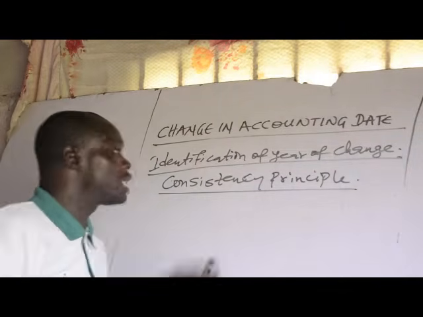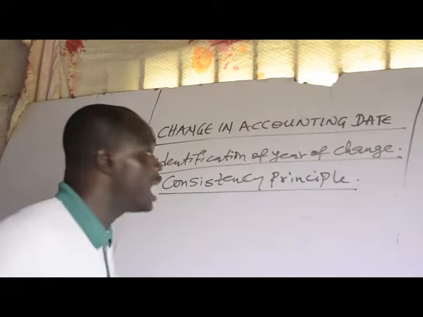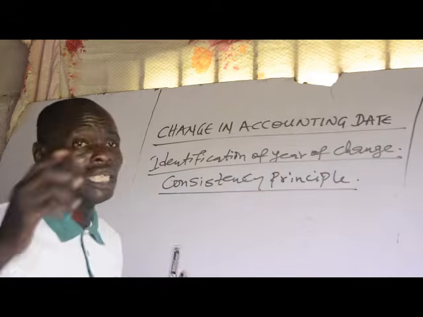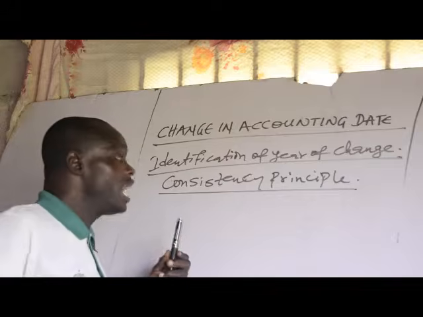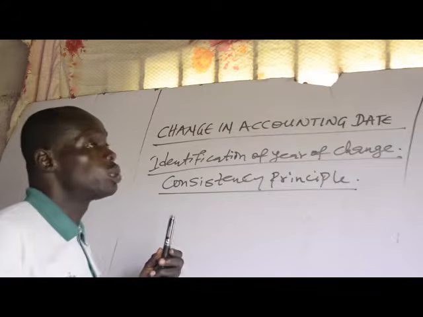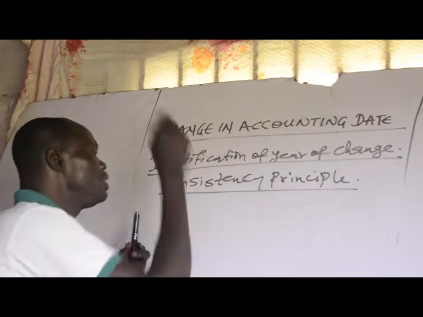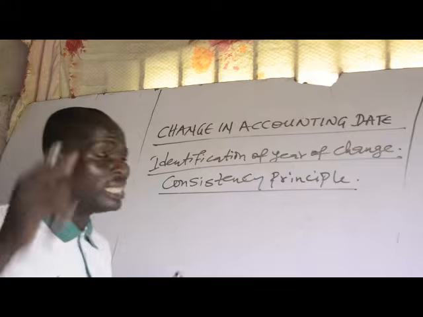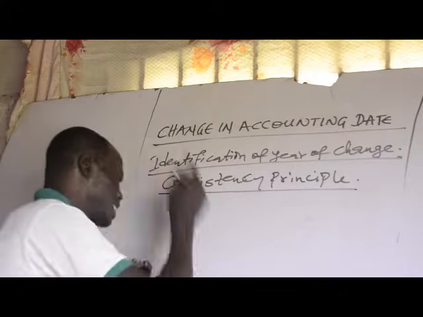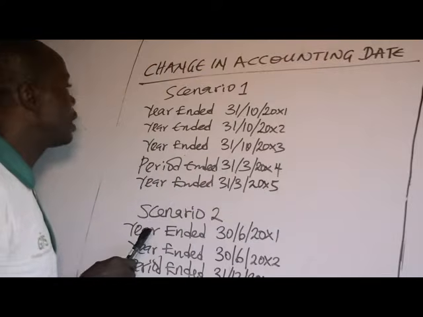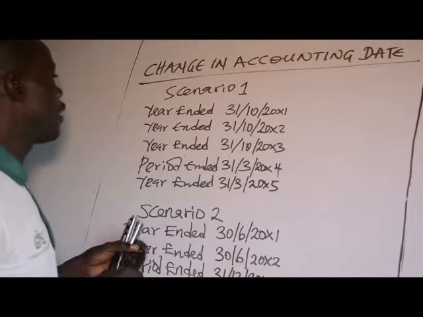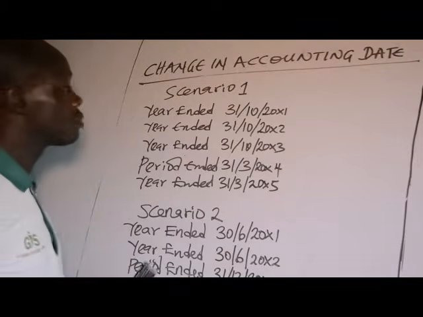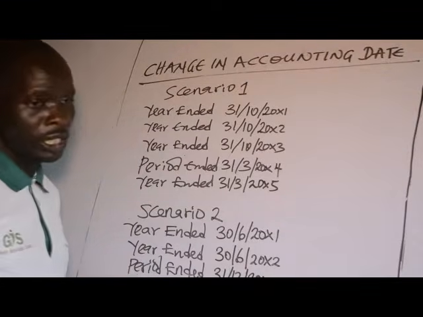Once a year has been chosen, that year must be followed consistently. The year the business fails to adopt the old year end is the year of change. Let us consider the following 3 scenarios for identifying the year of change.